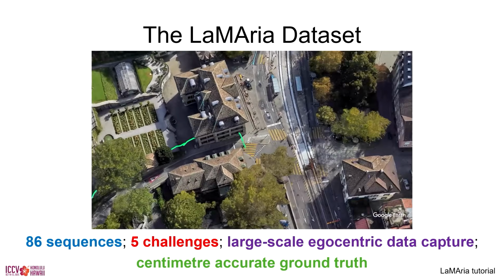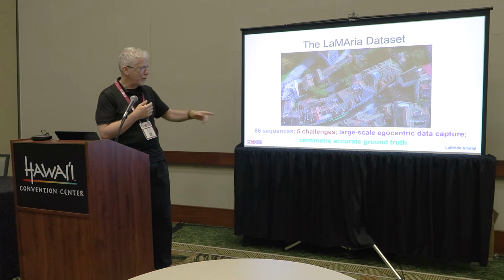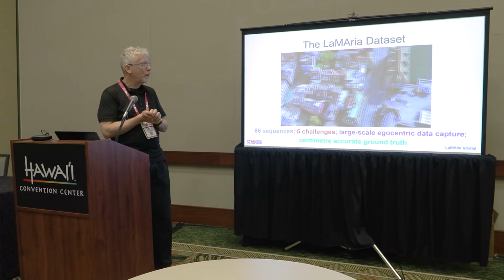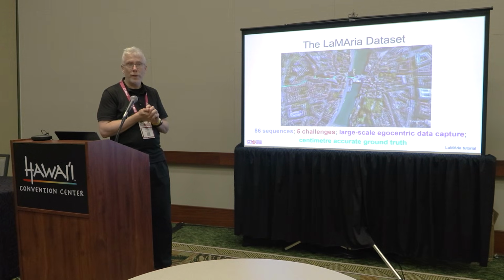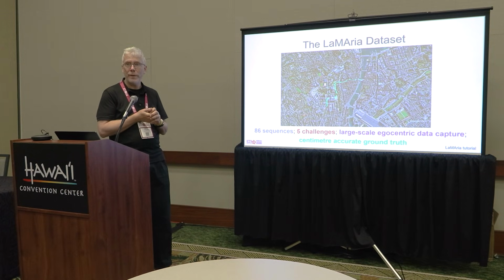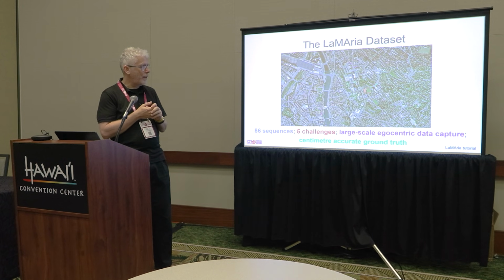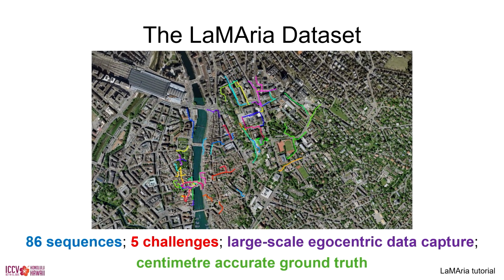These are all large-scale egocentric data, and we have on the order of 1 centimeter accuracy by relying on traditional surveying equipment and accurate GNSS signals. This accuracy is for a number of control points along the trajectories, not strictly at every point of the trajectory itself.